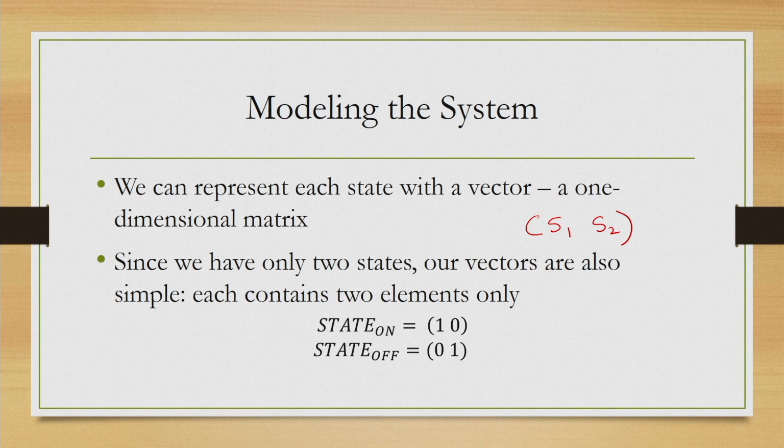Now, when we have the on state, we can set S1 to be 1 and S2 to be 0. 1 indicates on state, 0 indicates off state. So, S1 indicates the state variable when the state is on. In that case we can represent the on state with this vector 1 0 and off state with this vector 0 1. That is a very intuitive way of representing a state.